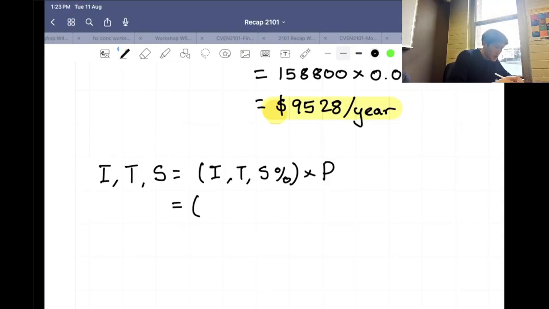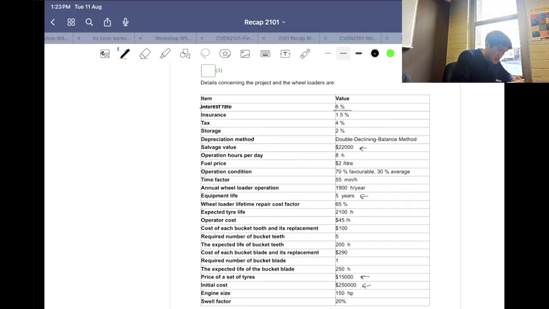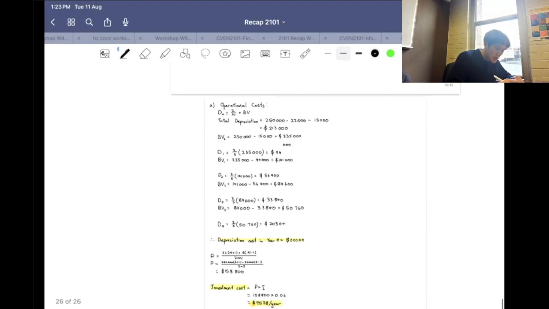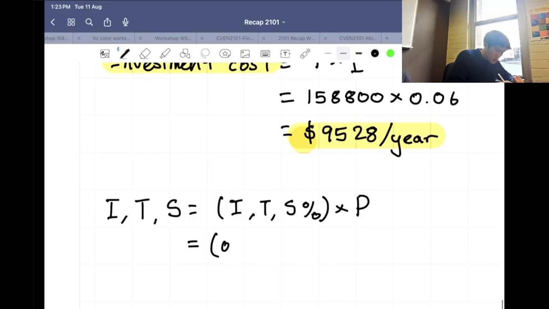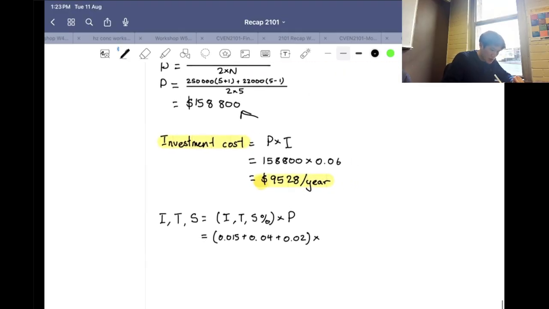In the question it gives you 1.5%, 4%, and 2%. So it would be 0.015 plus 0.04 plus 0.02 times the P, which we calculated above, which is $158,800, which would give you $11,910 per year.